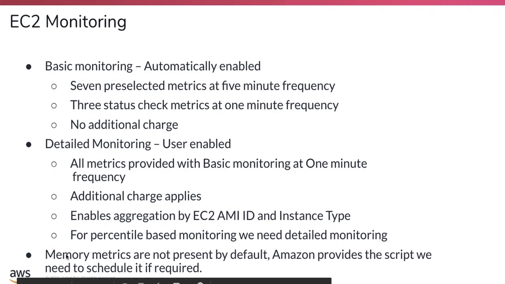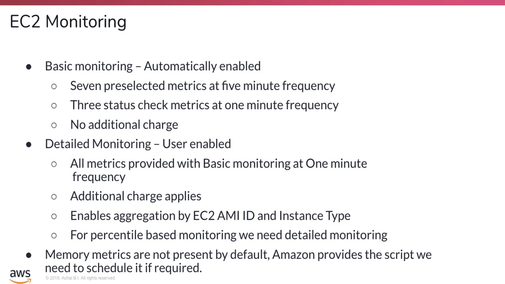There is also something called memory metrics, which is not provided by default. If you need to monitor the memory, you need to run a script on your own, schedule it and capture the metrics. Amazon provides a Perl script to do that.